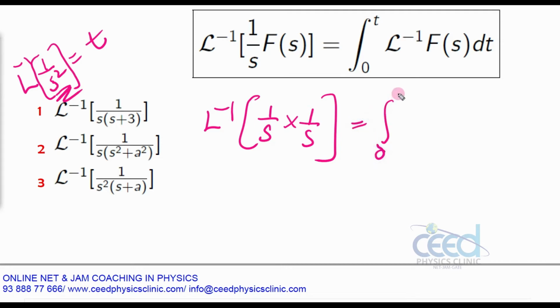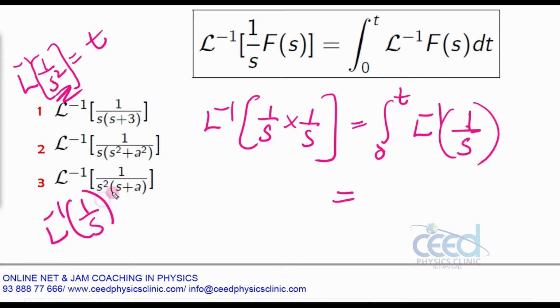That is, the integral from 0 to t of Laplace inverse of 1 by s. What is Laplace inverse of 1 by s? We already know it is 1, a basic result we have studied.